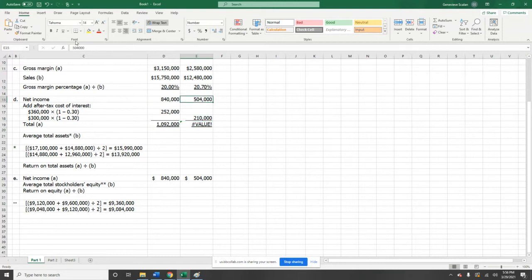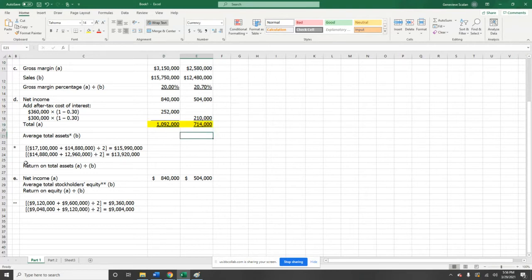There must be a space or something. Yeah, okay. So 714 is the number. So here's our net income with the interest added back in, right here.